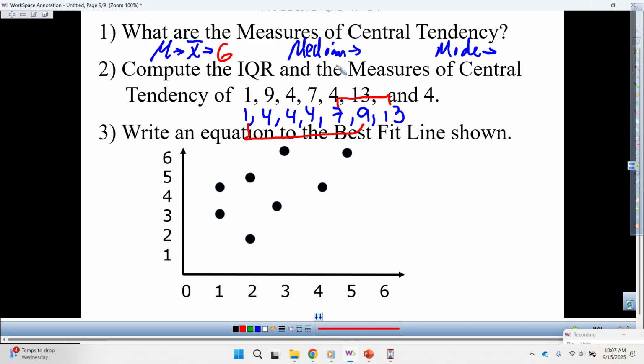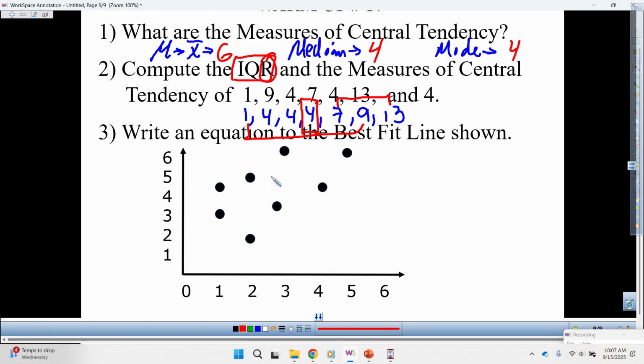Median. Focus, please. Median is down the middle, so the median is 4. Mode. Which one repeats the most? 4. They're asking us for the IQR. What is that, Mr. Q?